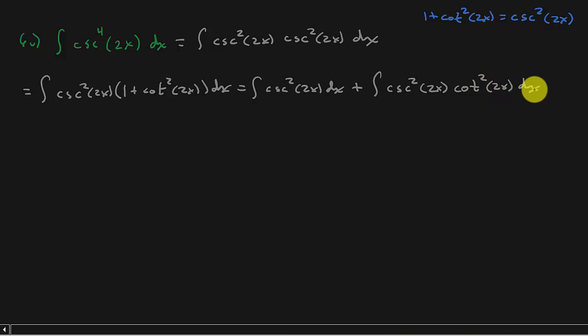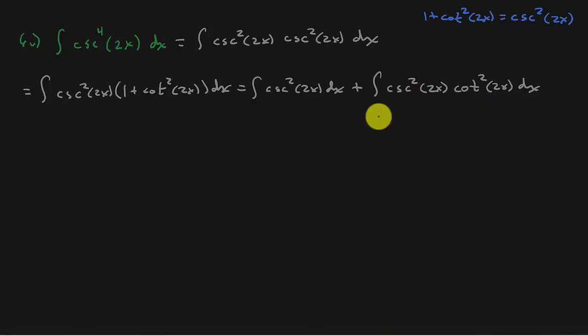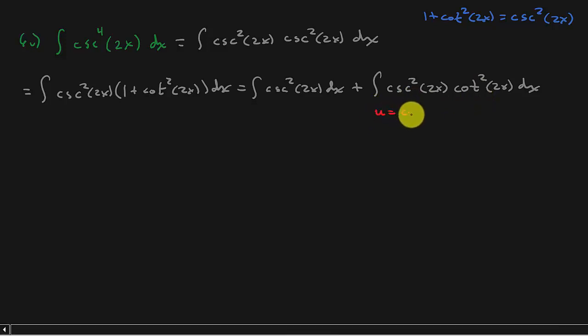All right. Now, well, the first one's easy. The antiderivative of cosecant squared is just negative cotangent. And then this one, well, look at this. What's the derivative of cotangent? Negative cosecant squared. So I can let u equal cotangent 2x. So I'm going to let u equal cotangent 2x.